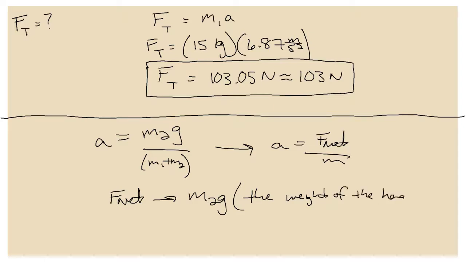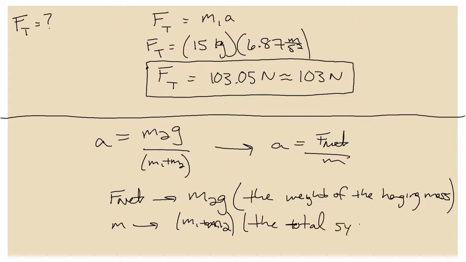That makes sense, because it is the whole fact that that mass is hanging and the force of gravity is pulling on it that makes the whole system move. Additionally, we can say that m here is the sum of the masses, m1 plus m2, which is just the total system mass.